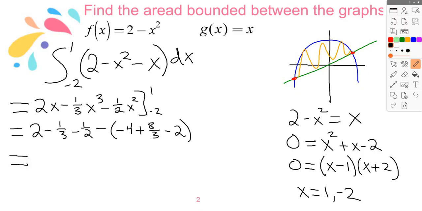So I have 2 minus a -4, which gives us 6. But then I also have a minus a -2, so that becomes +2, so we get 8. Then I have a -1/3 minus an 8/3, which gives us -9/3, which is also a -3.